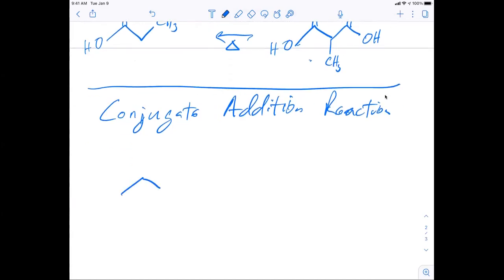So remember that if we do an aldol reaction, but we also add heat, that we can end up with the alpha beta unsaturated group.